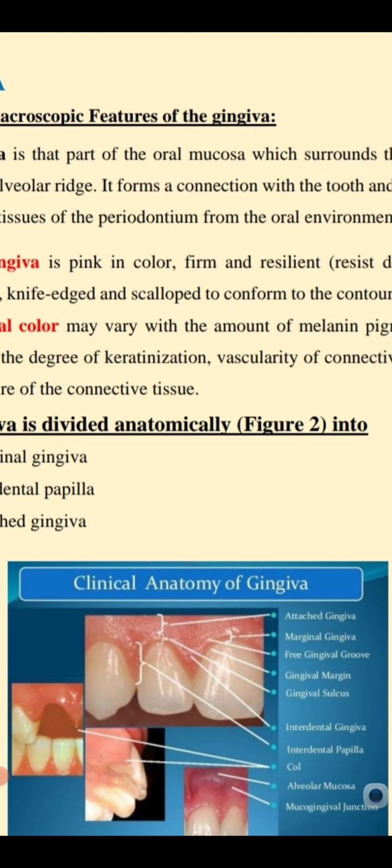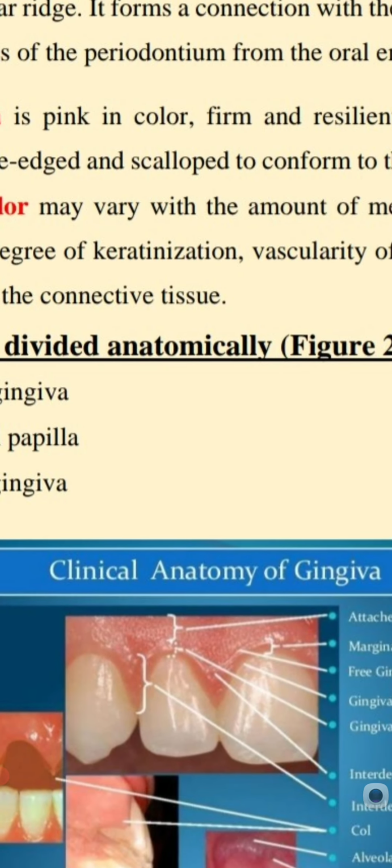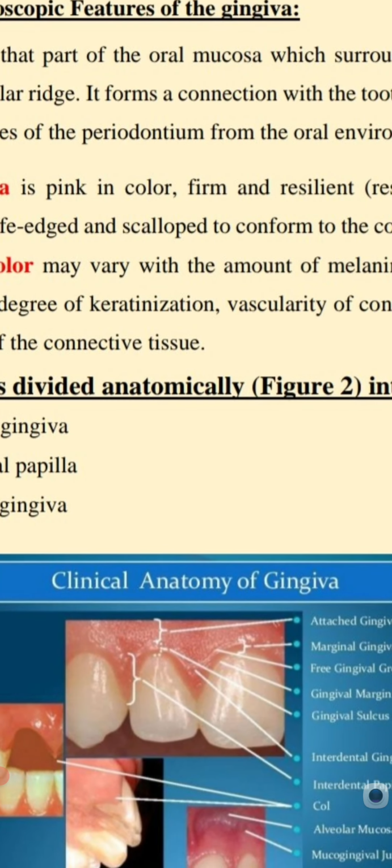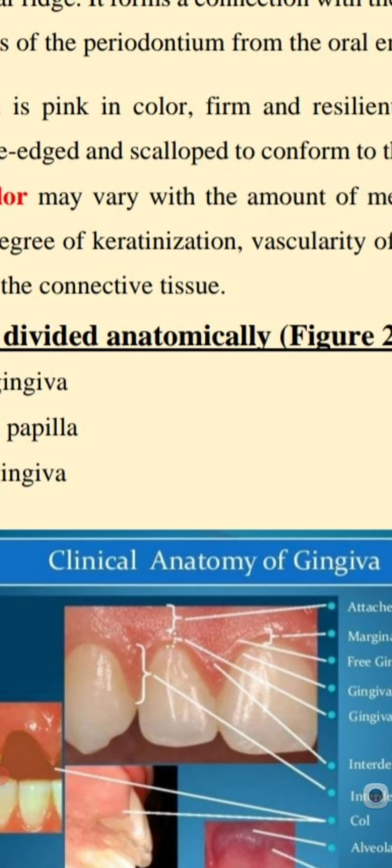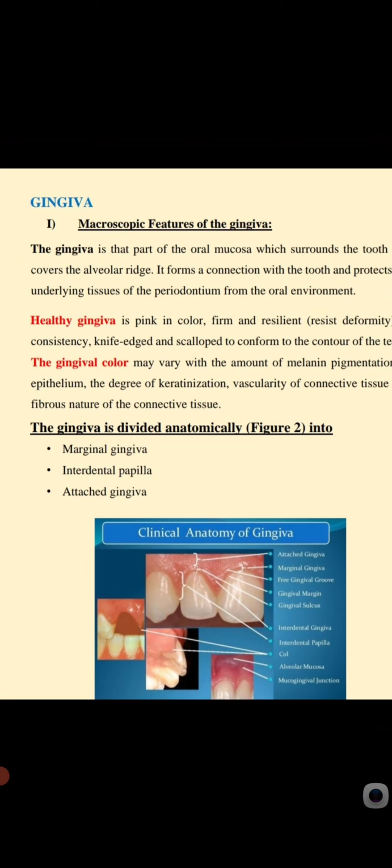The orange peel appearance of attached gingiva is known as stippling, but marginal gingiva and interdental papilla are smooth. They have no stippling. Look at this diagram. This is known as stippling.